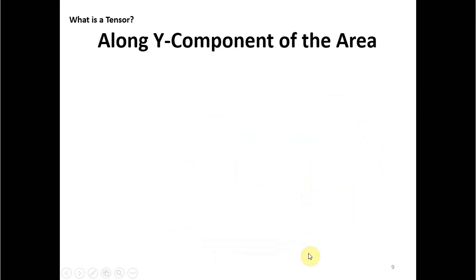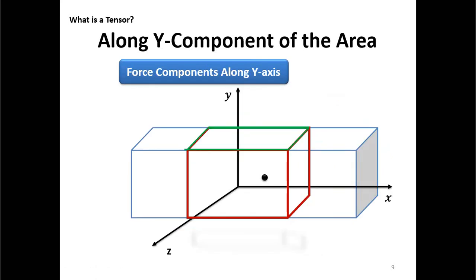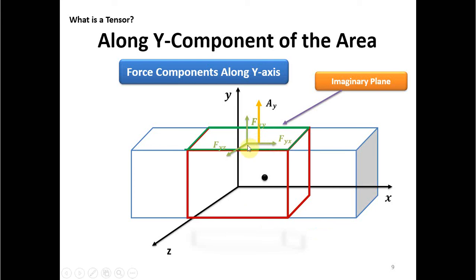Similarly, if we take the imaginary cut parallel to the x-axis, its direction will be along the y-axis, so its area is called Ay. If we calculate all 3 components because of the force on this area, we will get tau yx, sigma yy and tau yz.